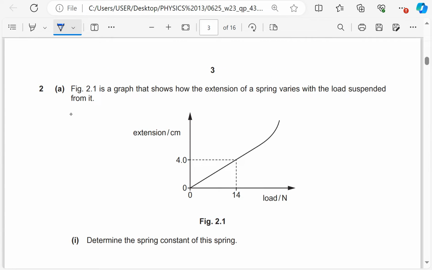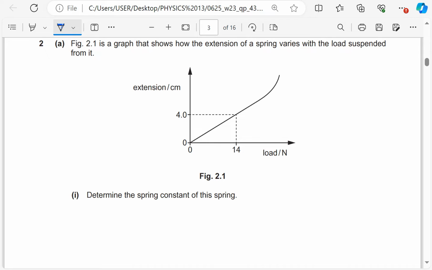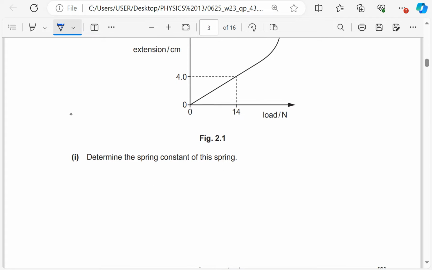The figure is a graph that shows how the extension of a spring varies with the load suspended from it. So it's a graph of extension against load. Determine the spring constant. Remember from Hooke's law, force is equal to k times x, or k is equal to force over x, where k is the spring constant.